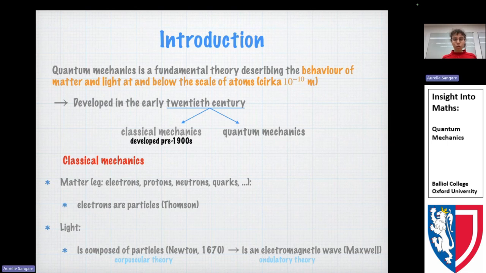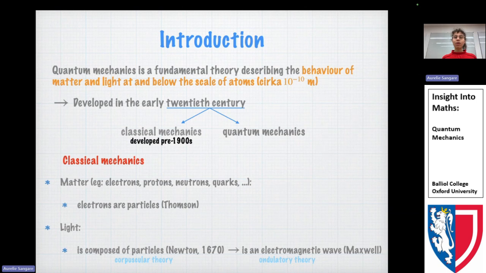And you probably all know Newton's law of gravitation, which gives you the magnitude of the gravitational interaction between two bodies. And this is all a very good description of gravitational interactions in our universe when we are at very big scale. So, for example, you can use Newton's law of gravitation to compute the magnitude of the gravitational interaction between the sun and the Earth or any other planet.